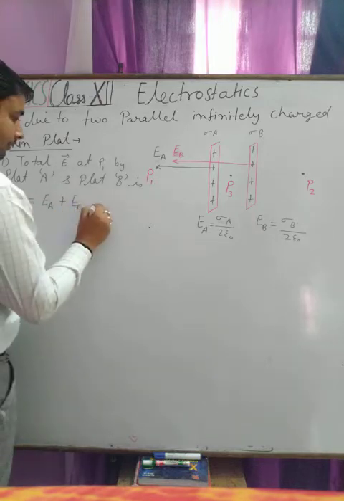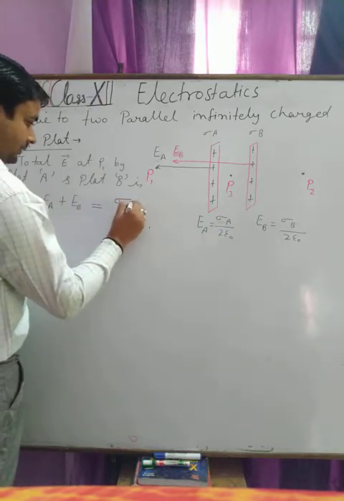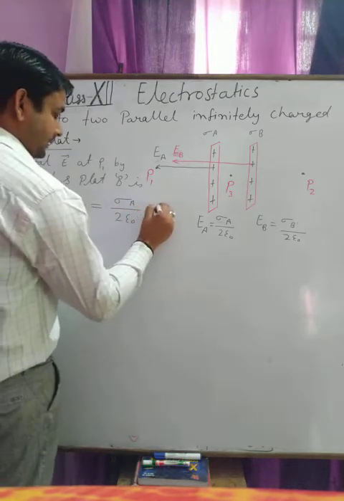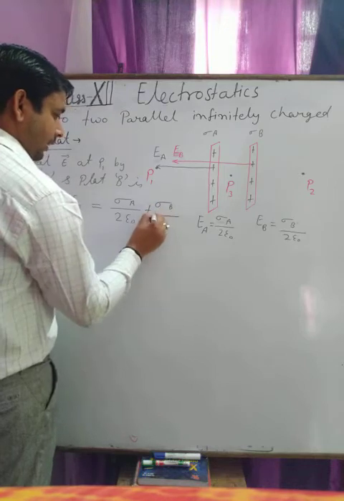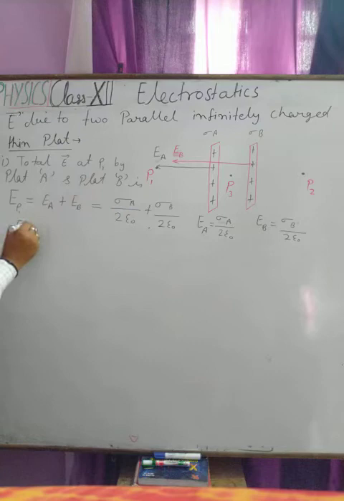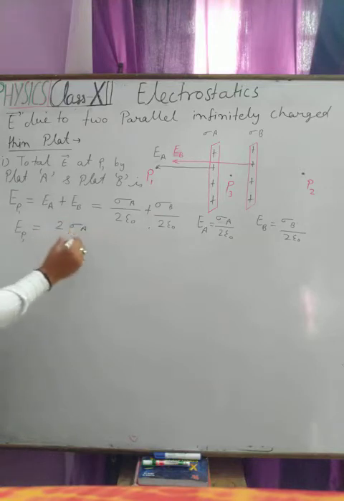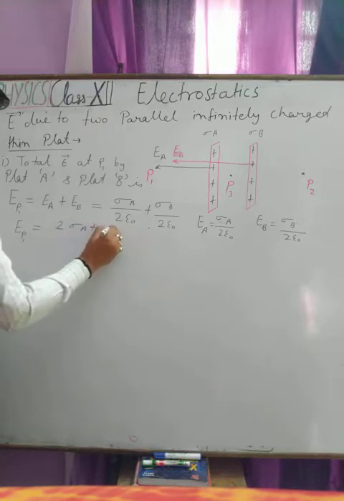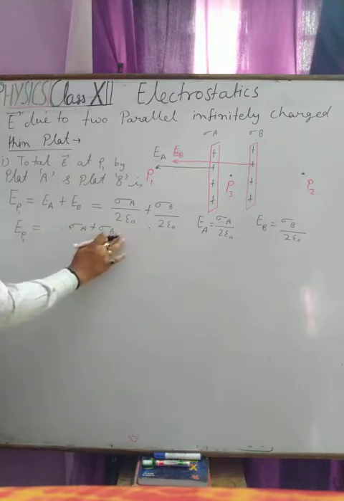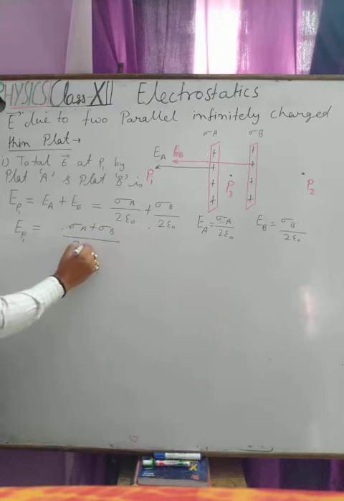Therefore, when we put these values, sigma A upon 2 epsilon naught plus sigma B upon 2 epsilon naught, we are getting the result: electric field at P1 is sigma A plus sigma B upon 2 epsilon naught. It is clear?